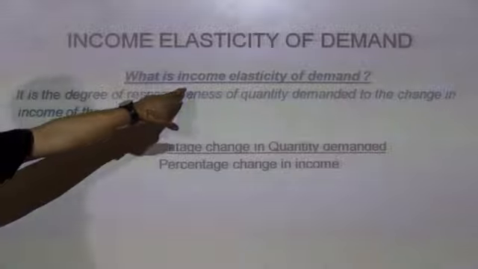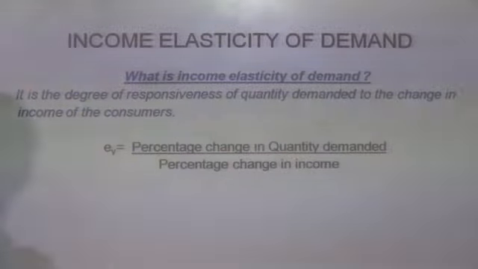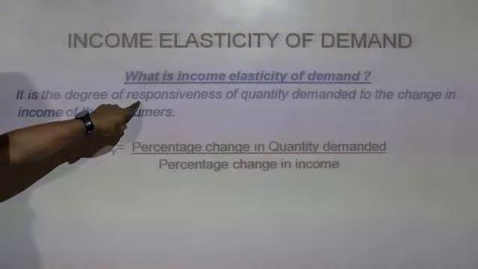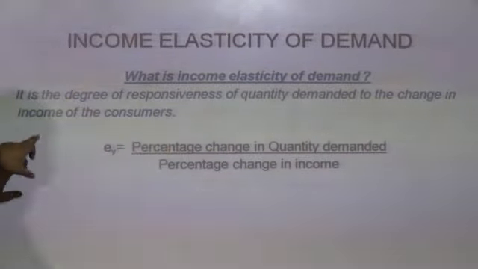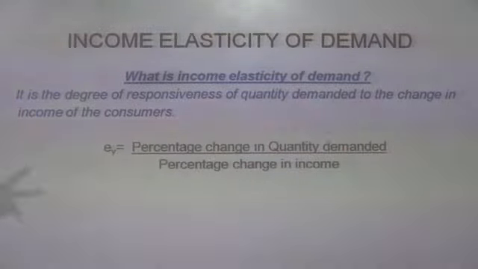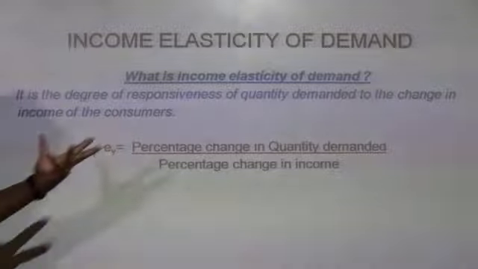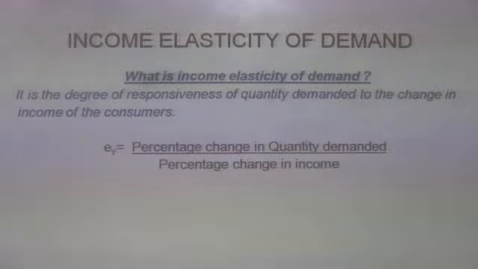What is income elasticity of demand? It is the degree of responsiveness. Responsiveness means how much the quantity demanded will change. How sensitive is the quantity demanded to a change in the income of the consumers? For example, if your income doubles, the quantity demanded may remain the same.